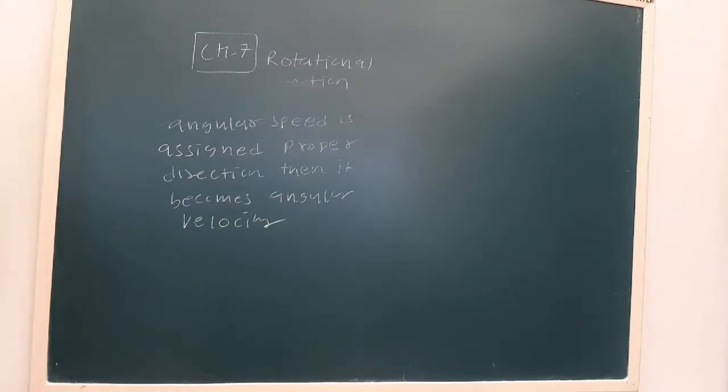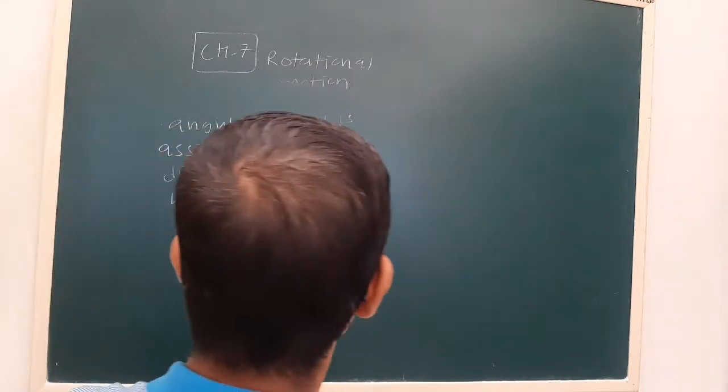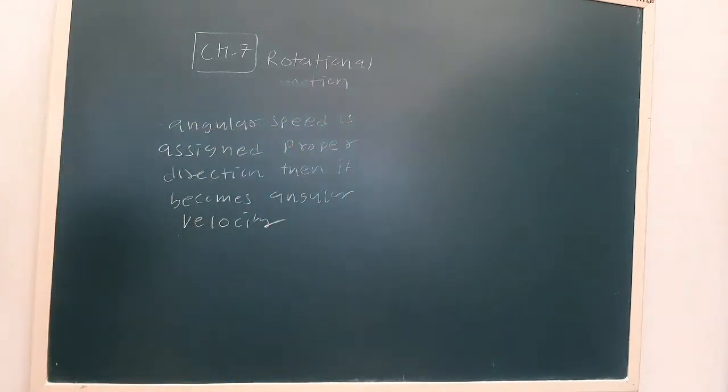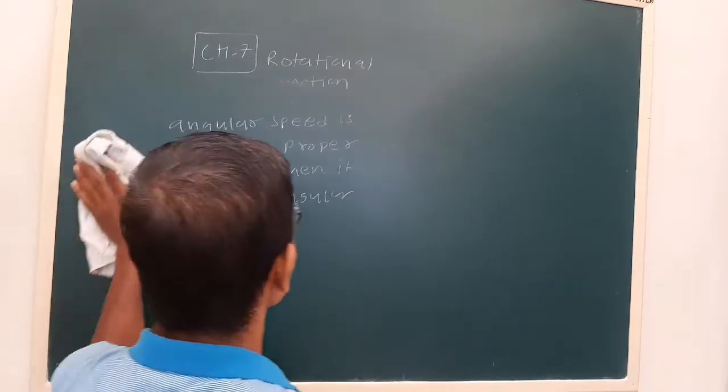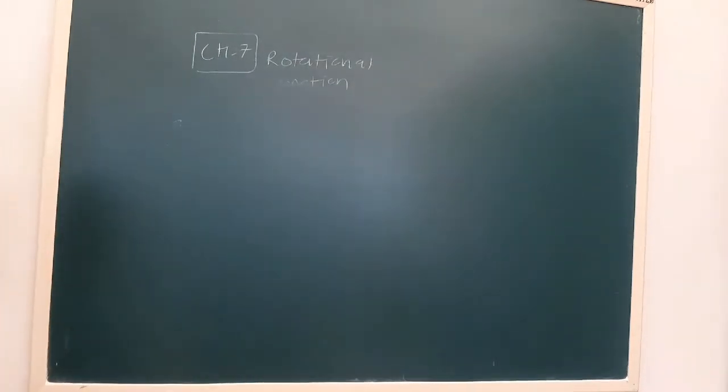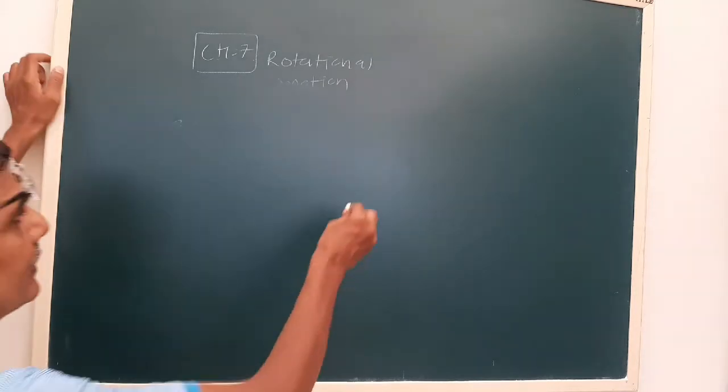When angular speed is assigned proper direction, we can say it becomes angular velocity. Now we try to derive the vector relation between linear speed and angular speed.